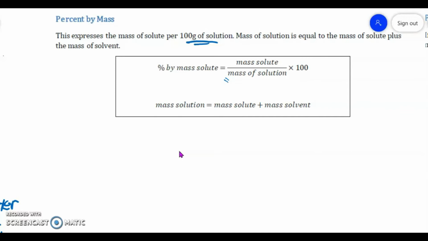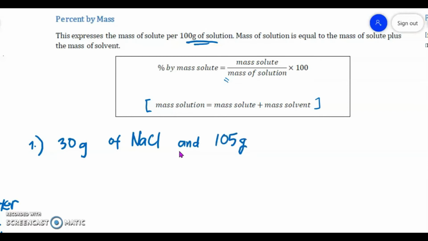So suppose that we have a sample problem. We have 30 grams of salt, NaCl, and 105 grams of solvent, which is water, H2O.